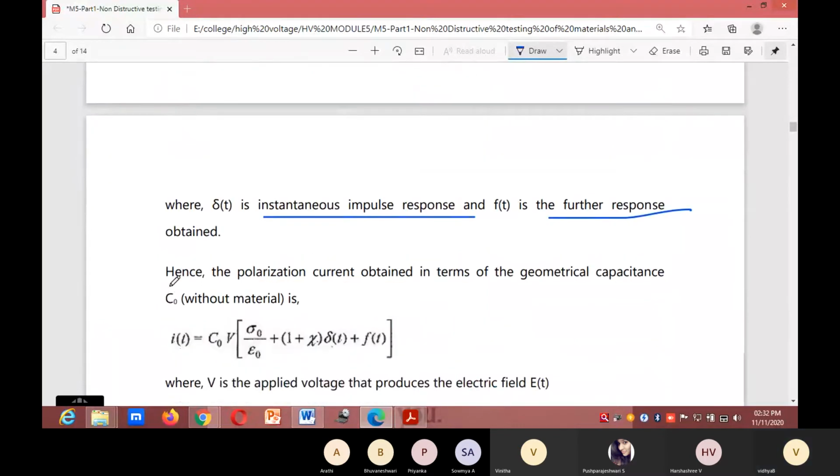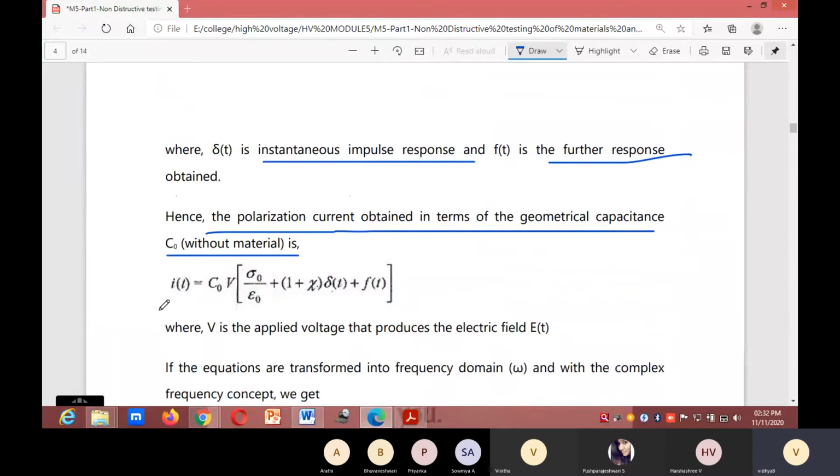The polarization current obtained in terms of the geometrical capacitance, that is C naught without material, is I of t equals C naught V (sigma naught divided by epsilon naught plus (1 plus chi) delta of t plus f of t), where V is the applied voltage that produces the electric field E of t.